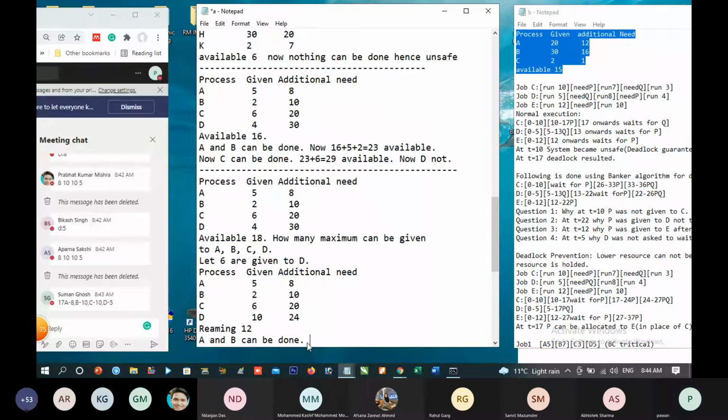So 5 plus 2 equal to 7 plus 12 equal to 19. Now C cannot be done. Is it clear to you?